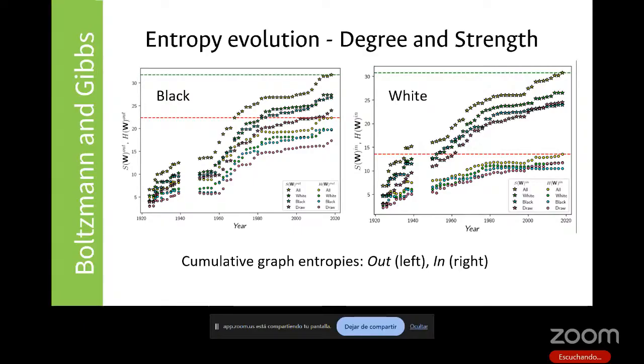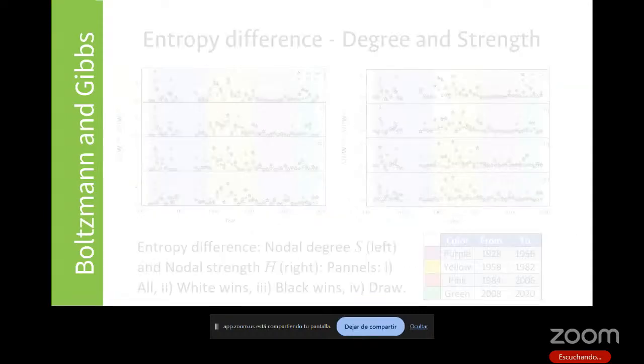Instead, when you look at the black pieces, black pieces would have to get along with diversity. So white ones, preference, black ones, diversity.